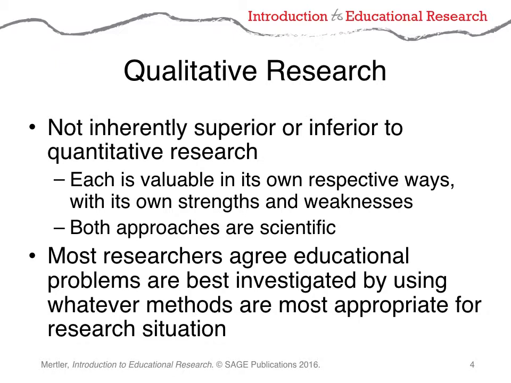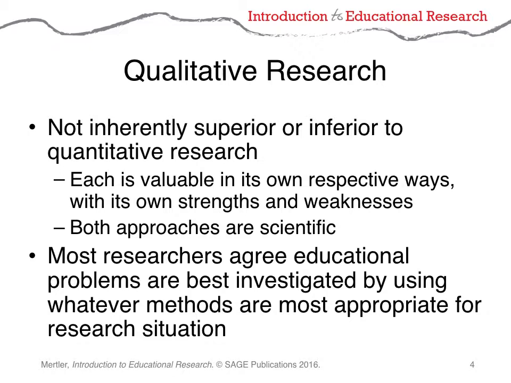Yet, huge caveat, not everything can be put into numbers easily. Each approach is valuable in its own way, and they have their own strengths and weaknesses. Both approaches are science.